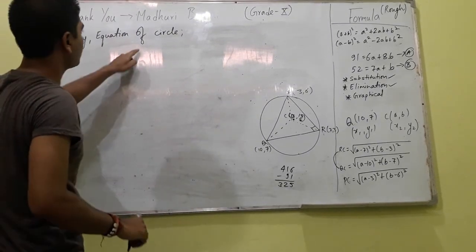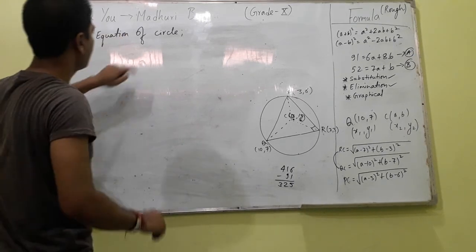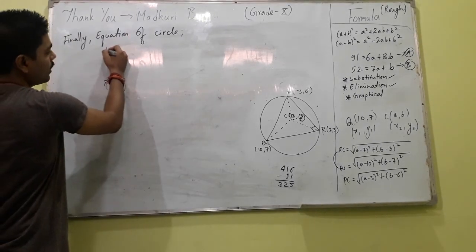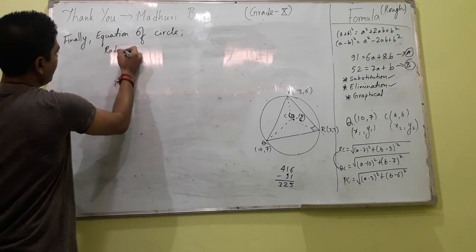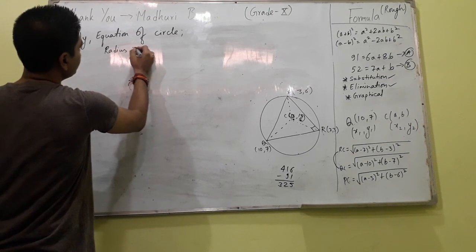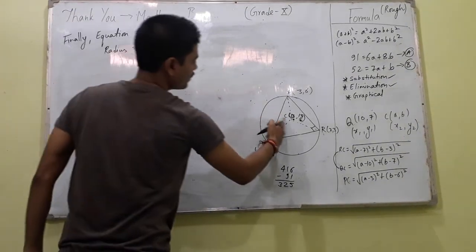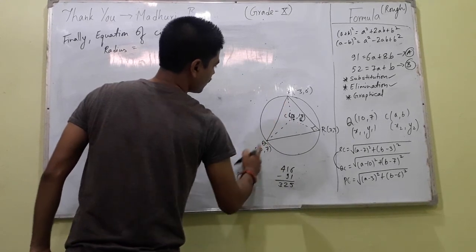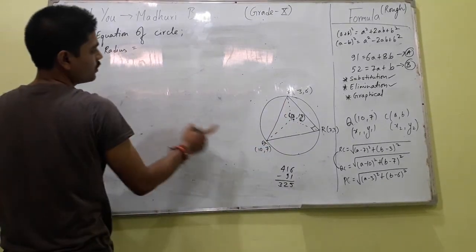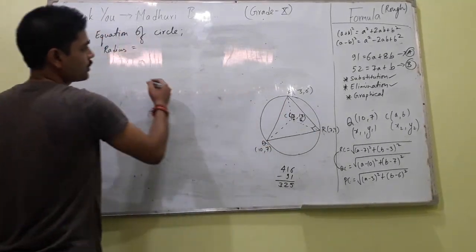To find the equation of circle, you have to find now the radius, that is CR, PC or QC, any. You can put the value of C in any of the equation.